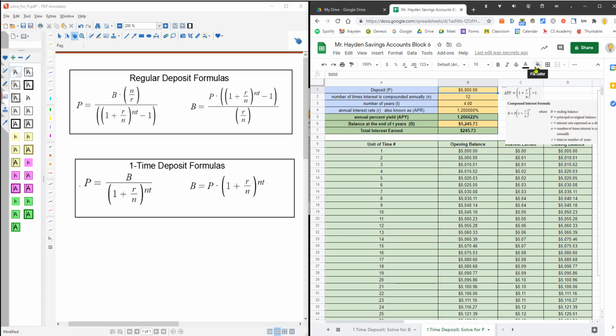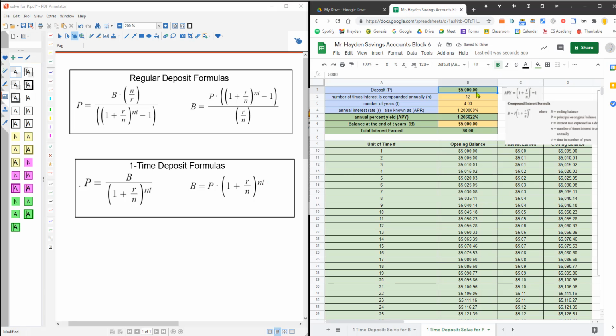So let me change that back to green. Okay, so now they enter N, T, R, and B, and P is going to be computed. First of all, I'm going to get rid of the formula for B, and I'm just going to enter a value, like any dollar figure.